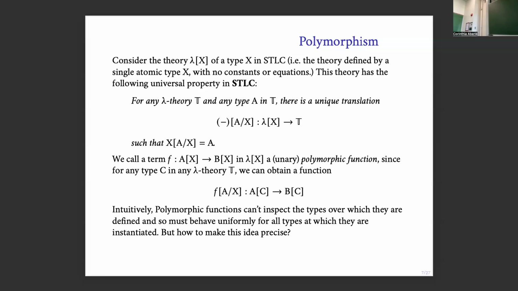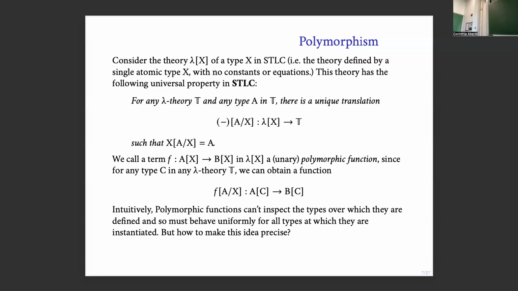Now intuitively, because we didn't assume anything about X in this theory λX, polymorphic functions can't inspect the type X over which they're defined, and so they have to behave somehow uniformly for all the types at which they can possibly be instantiated.